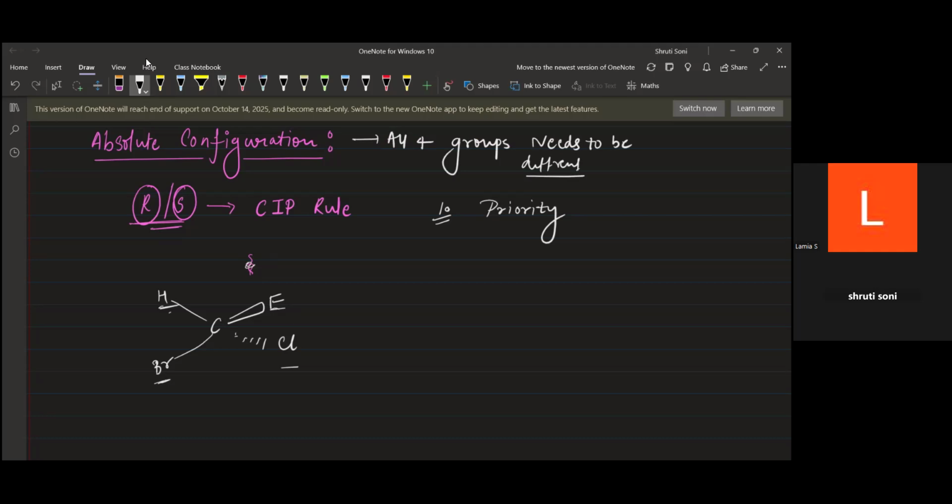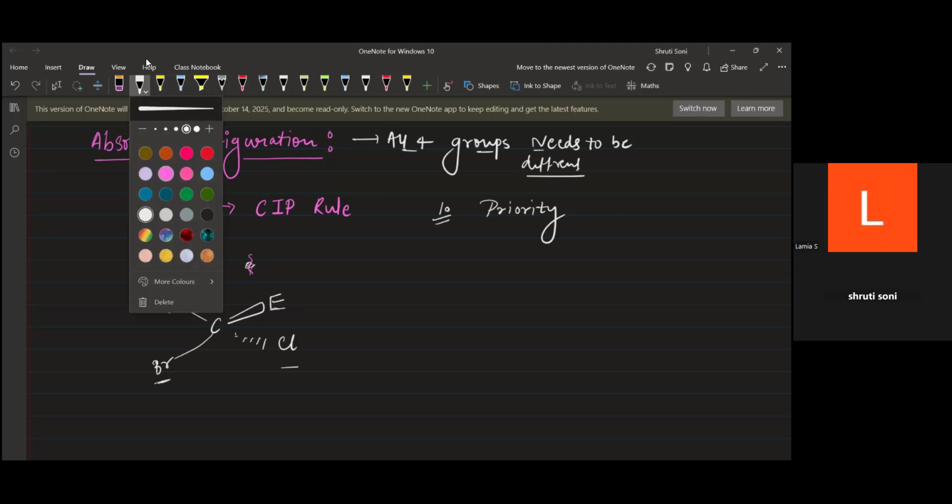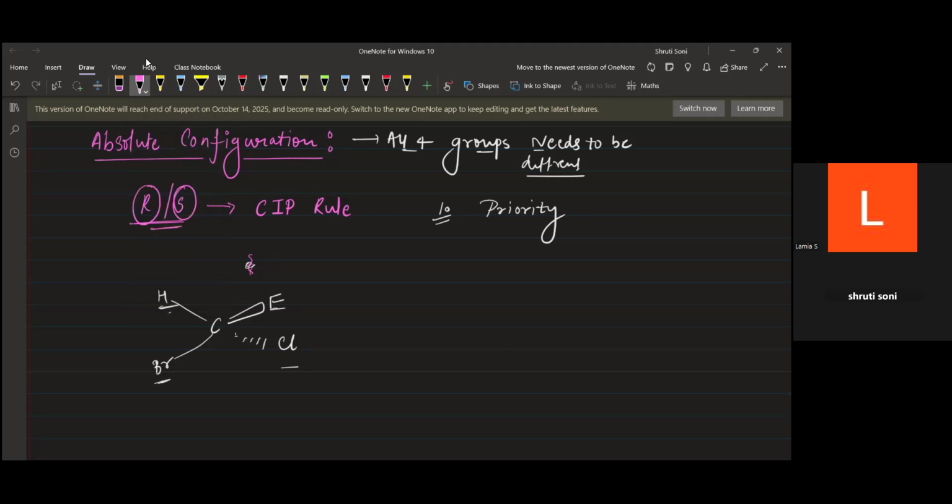And then, as I'm giving numbering above, how will I give numbers to these? Like, will I take hydrogen first, or fluorine first, or chlorine first? How will I give numbers? Atomic number. Yes.